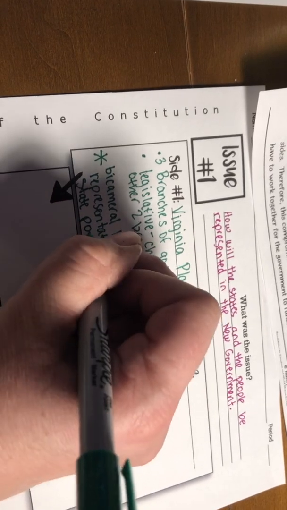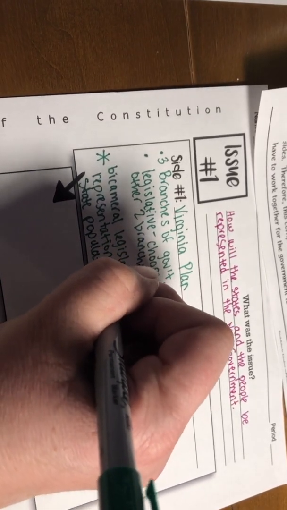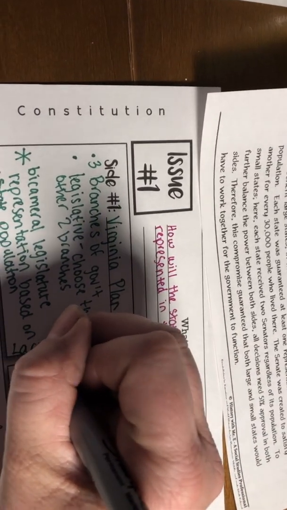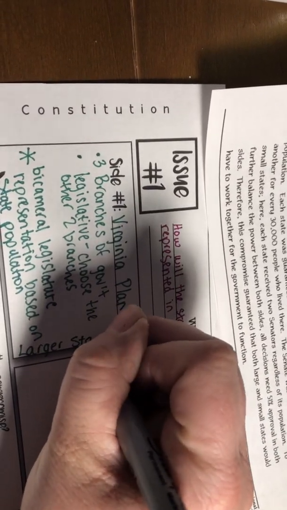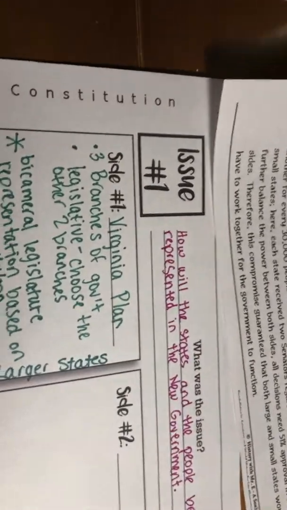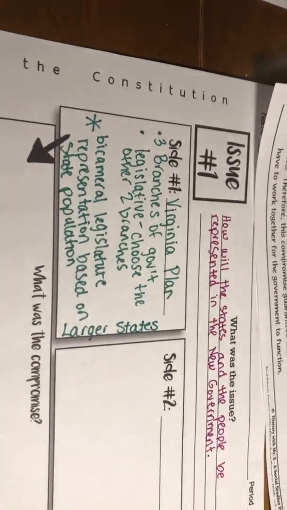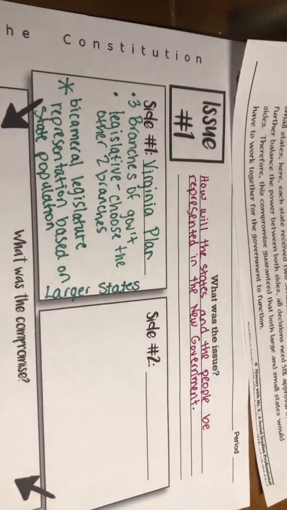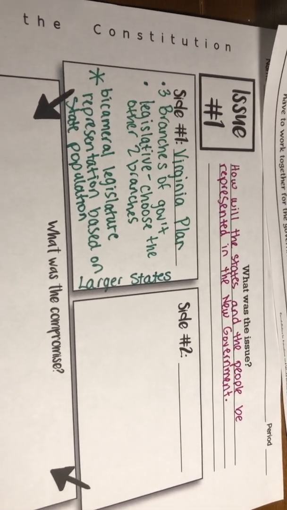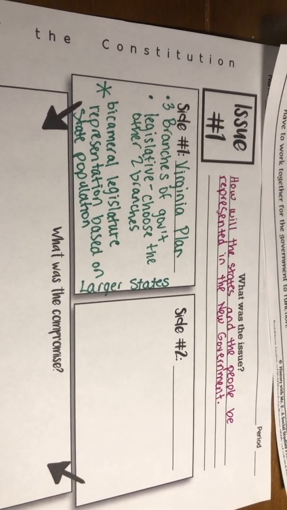And so when I grade this, you better have something about states population. This means that the larger states liked it. We'll put larger states here. And it's not always just larger in terms of size, though generally it's also larger in terms of population. So you can have a smaller state that has a pretty big population as well.